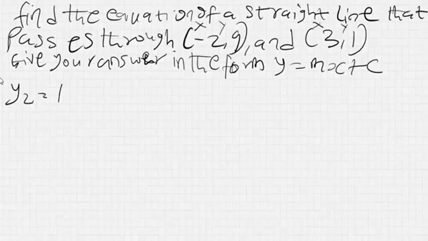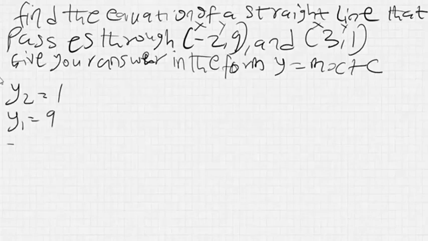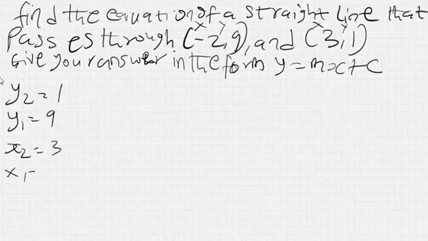So our y2 is 1 and our y1 will be 9. Our x2 will be 3 and our x1 will be -2. The first bracket is usually for x1 and y1, and the second bracket is usually for x2 and y2.